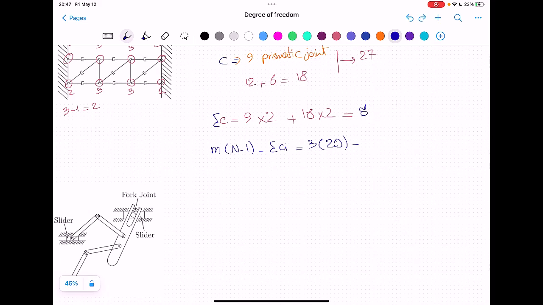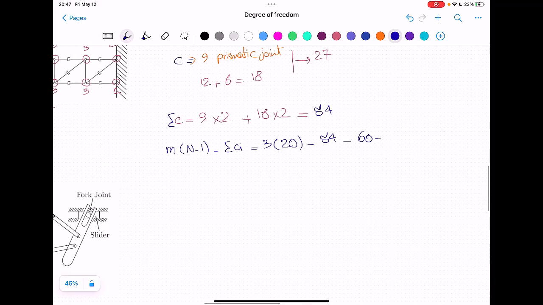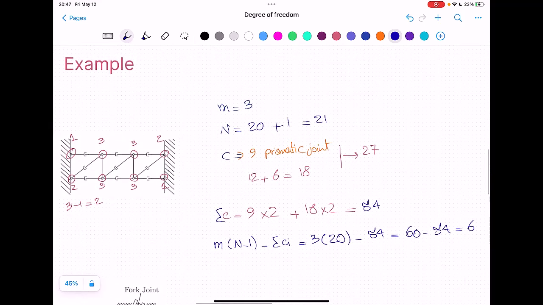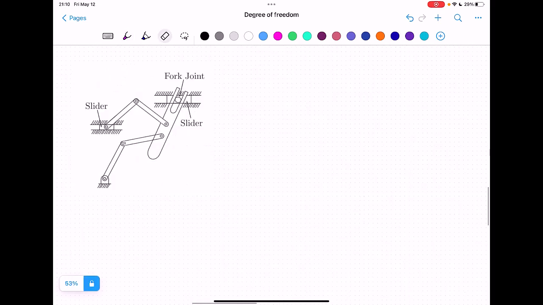No, sorry, 54. 54, yes, and 60 minus 54 is equal 6. So in this example, in this structure mechanism, we have 6 degrees of freedom. Okay, in the next example, let's begin by identifying 3 parameters.